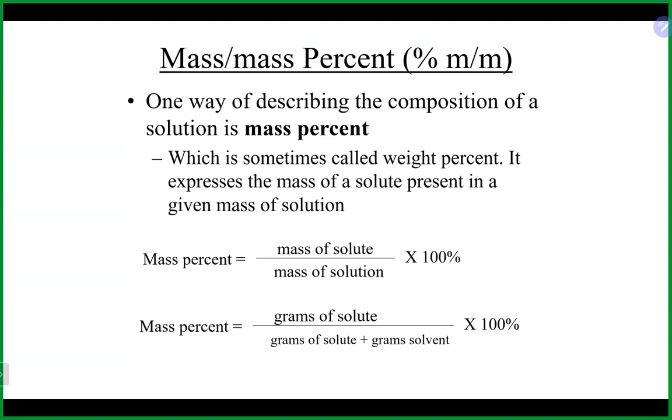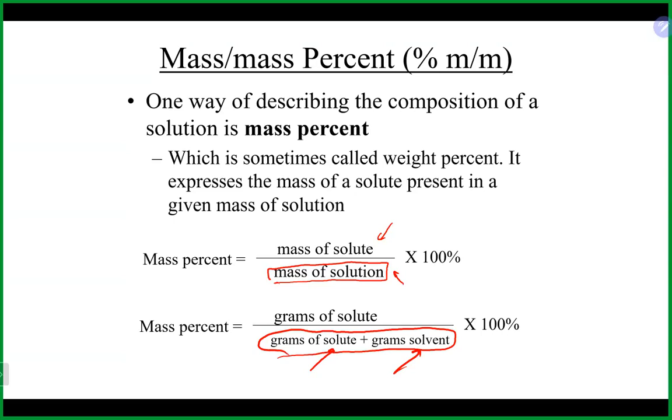And that is the mass of the solute over the mass of the solution times 100%. And it's really important in these types of problems. It's actually the bottom part here, which is the mass of the solution. Remember that the solution is two parts. It is the solute and the solvent.